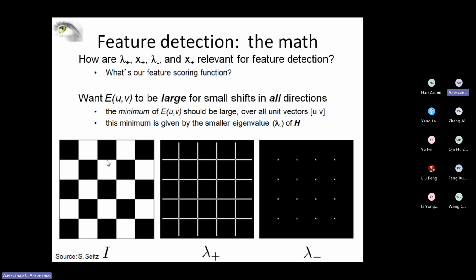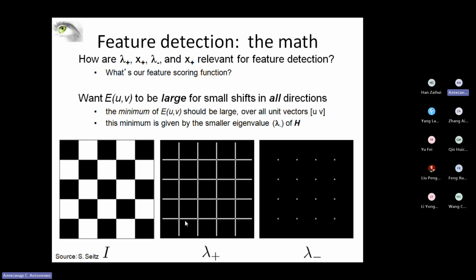But if we take an edge, then we have a large lambda plus. Lambda plus will be a large number, because in this direction we have a big change of intensity. But in this direction we have no change. So lambda minus is 0.